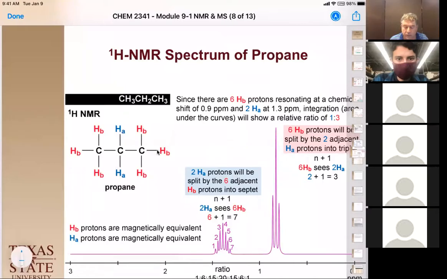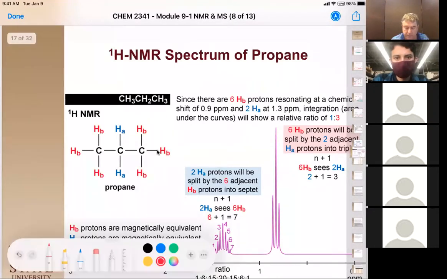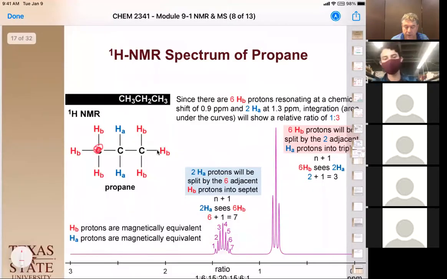If we look at the first set of hydrogens on this first carbon, we have 3 hydrogens bonded to a carbon and then bonded to a carbon. That's a good starting point. On the other side, we have 3 hydrogens bonded to a carbon, bonded to a carbon. They look chemically equivalent, and because they seem to be chemically equivalent, we're also going to assume they are magnetically equivalent.